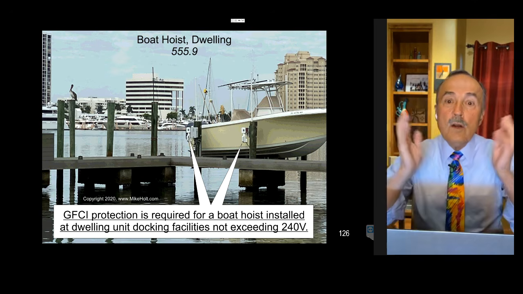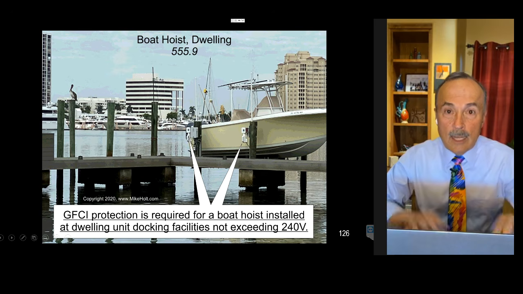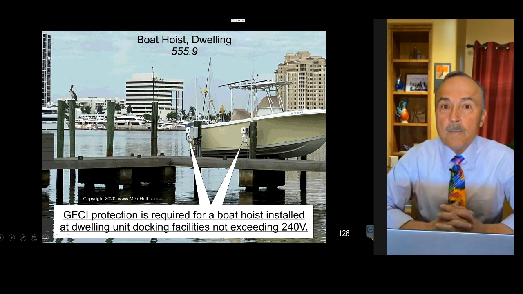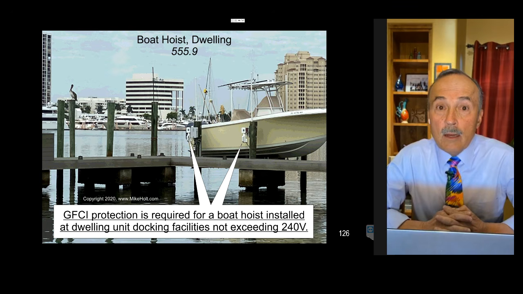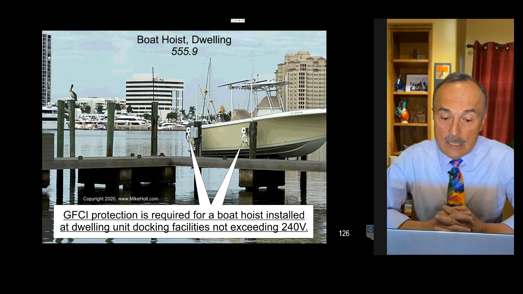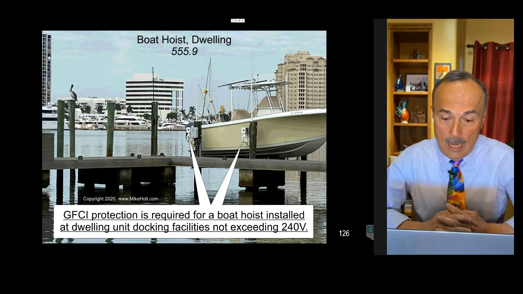You could live in a condo like this right here on the intercoastal, and they might have individual slips with boat lifts for some of the people that live there. Well, that is a dwelling unit docking facility. So anytime an individual has their own personal boat lift, the boat lift has to be GFCI protected.